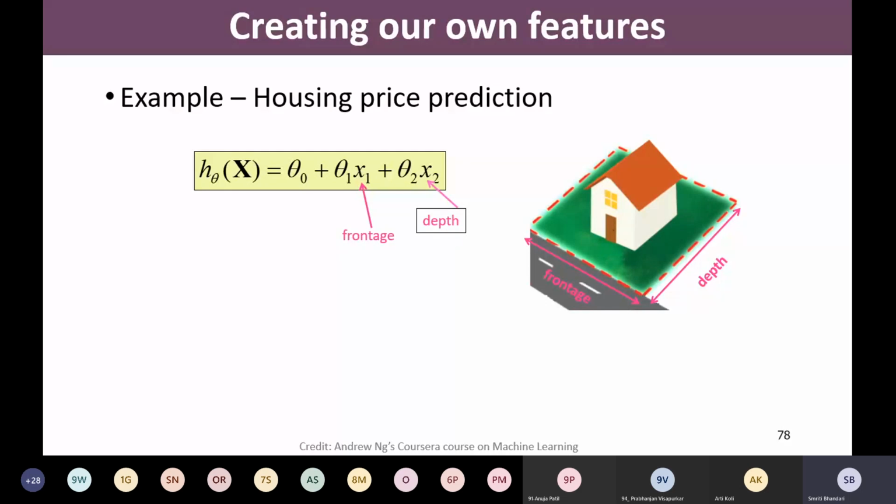But instead of having these two features and coming up with multiple regression like this, can we create our own feature?